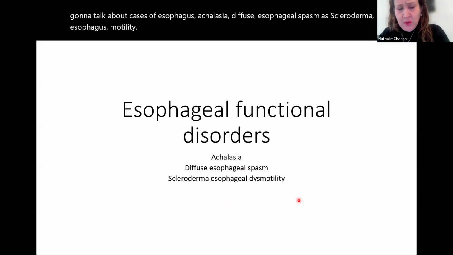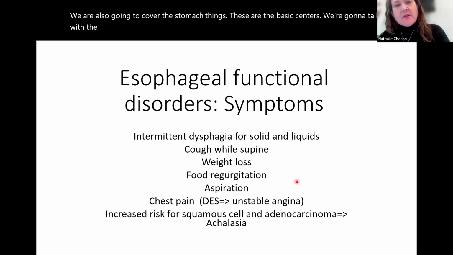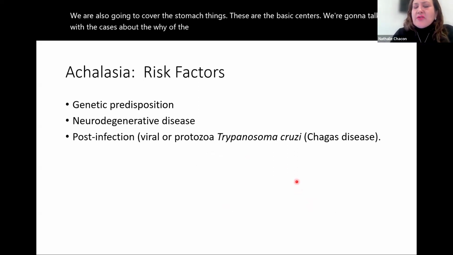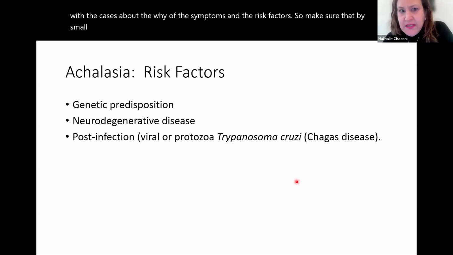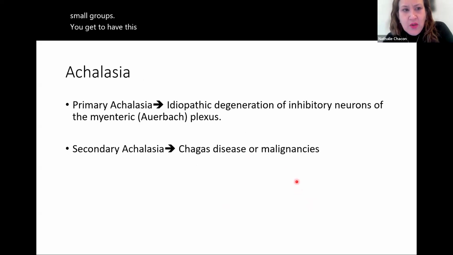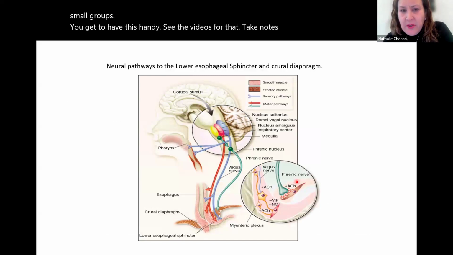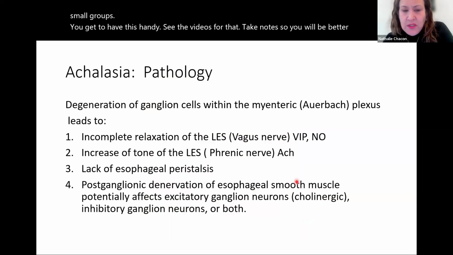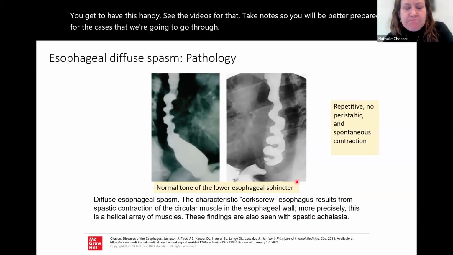We are also going to cover the stomach. These are the basic symptoms. We're going to talk with the cases about the why of the symptoms and the risk factors. So make sure that by small groups, you have this handy. See the videos for that. Take notes so you will be better prepared for the cases that we are going to go through tomorrow.